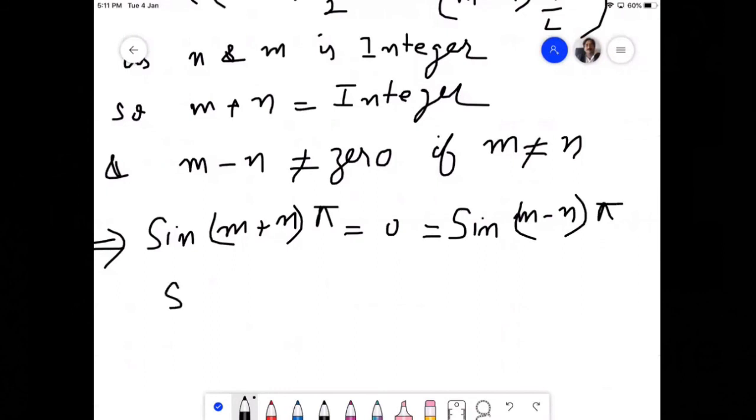Similarly sine 0 will be equal to 0. These are due to these relationships.